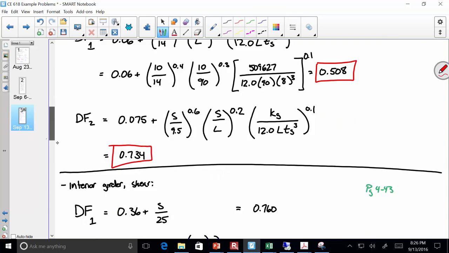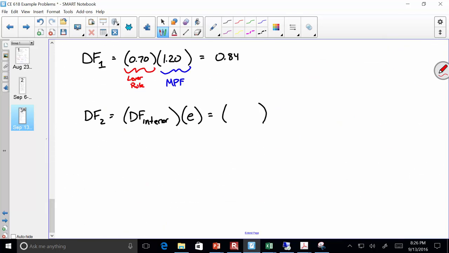So I propose we take 0.734 and multiply it by that modification factor, which happened to be 0.77 plus DE over 9.1. Now, question becomes, what's DE?